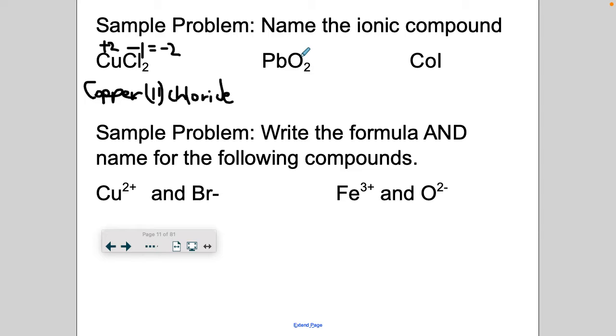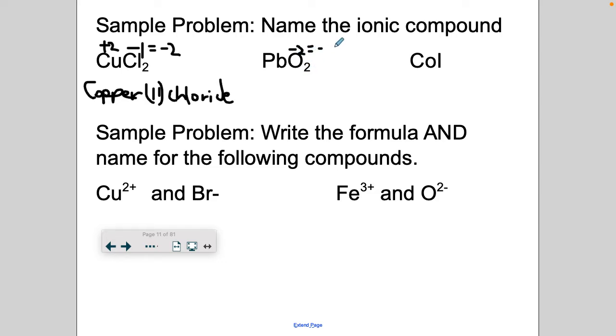Okay, PbO2. So Pb is also in the, no, it's not. Pb is a group 14, okay, but I think lead has some unique abilities as well, but we'll see. Yeah, let's just put the Roman numeral on it. So here we have oxygen. Oxygen has a -2 charge, but I have 2 of them for an overall -4 charge.